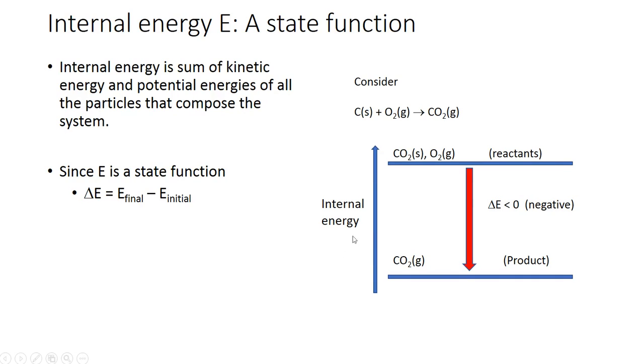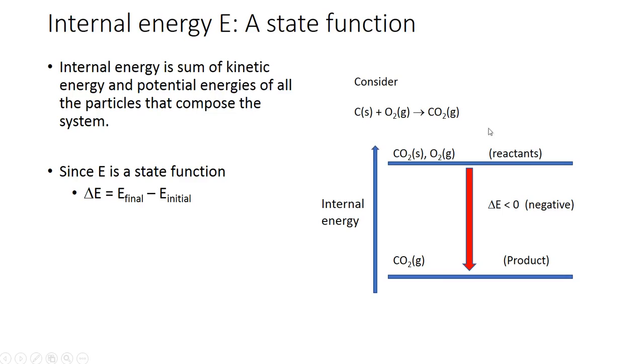So in this case, this coordinate here is the coordinate showing that we have internal energy here for this reaction, and the arrow going down is showing that we are actually losing the internal energy. The products have lower internal energy than the reactants. So what it means is that carbon has its own internal energy, oxygen has its own internal energy.